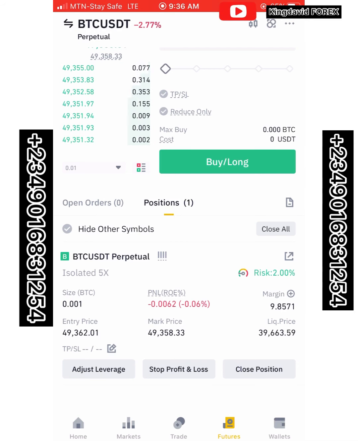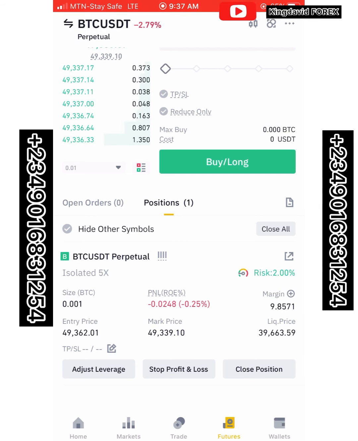In this aspect, I will lose this trade only if BTC drops to 39,000 USDT, which is very, very rare, though it's possible. That's why it's good to use 5x leverage.